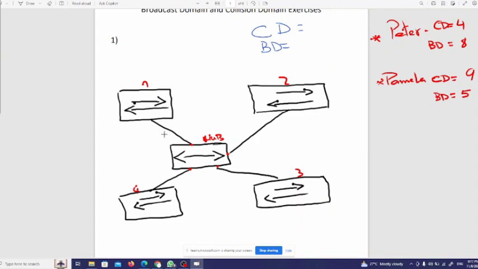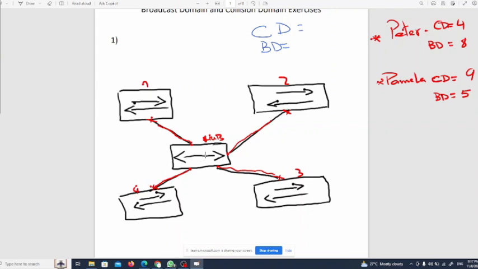So when there is a collision on the hub, it will generate a bad signal, and that bad signal will go through those cables and impact the ports of the switches that are around. So it means that this interface of the switch will be impacted by the collision. This one too, this one too, and this one too.